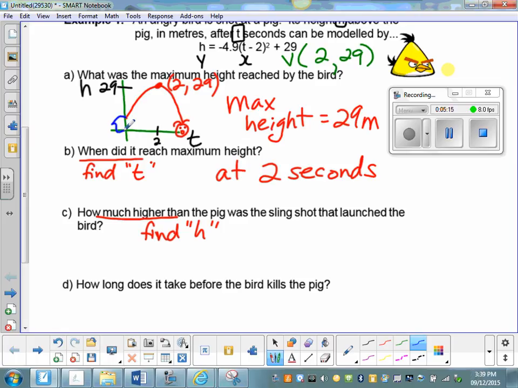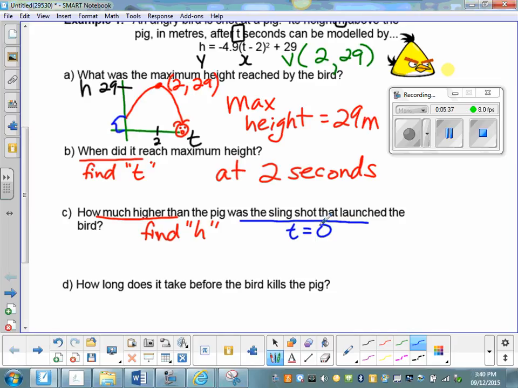So if we're trying to find the height there, do we know the time when the bird was launched from the slingshot? We know what the time was, because if it's still in the slingshot, then 0 time has passed. So we're going to find h by substituting 0 into the equation for t.